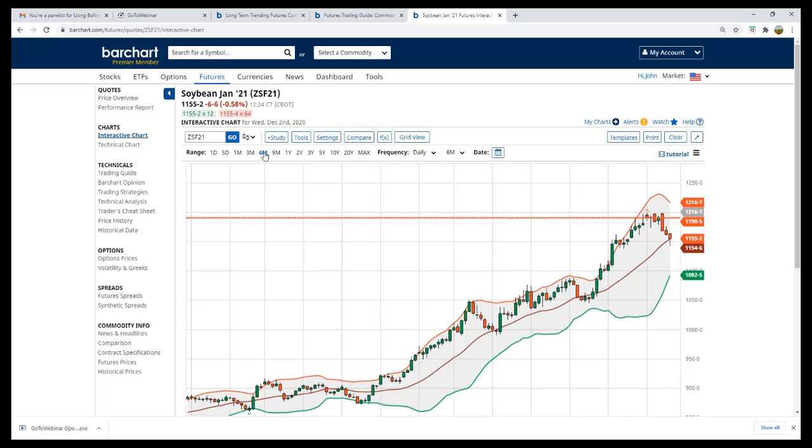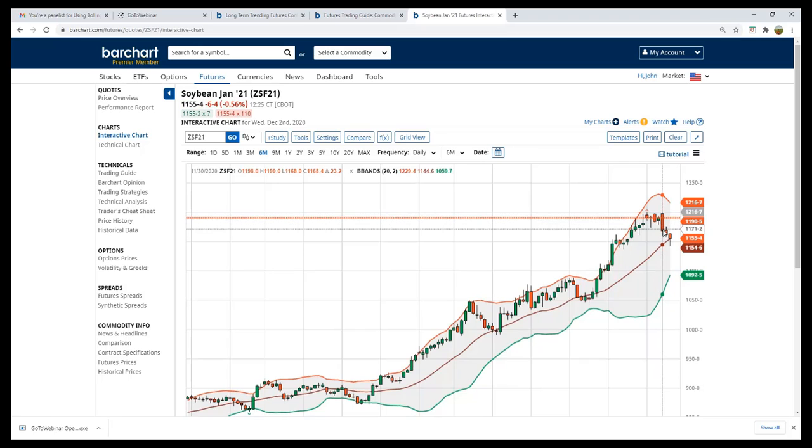All right, so I'll go back to my daily chart. I'm now in the daily chart, and here we can see that scenario playing out. One of the things that Bollinger Bands can be used for as well is when we see price divergence. Remember, that's one of the interpretations we saw. What we see here is that our soybean contract is bouncing off that high, and we've tested it now 3 times, and each time we've tested it, we've dropped lower.